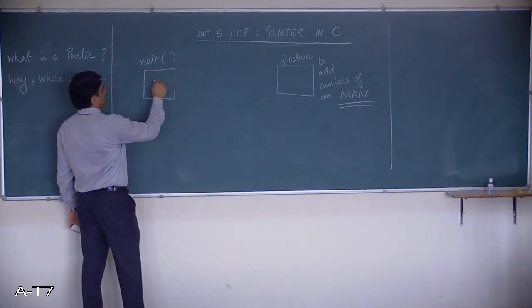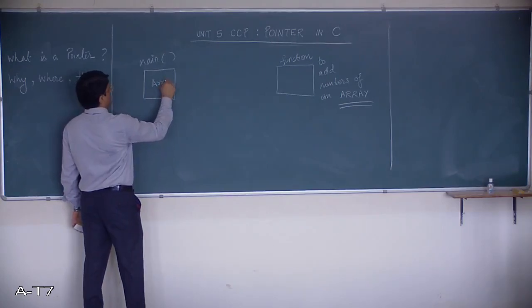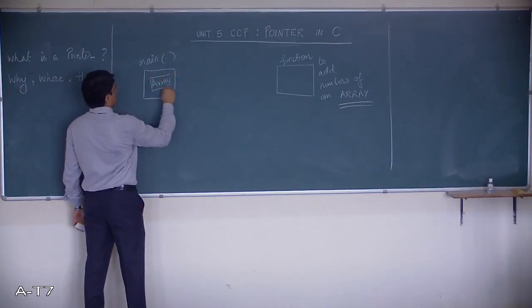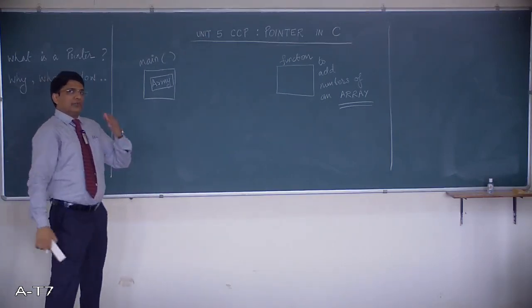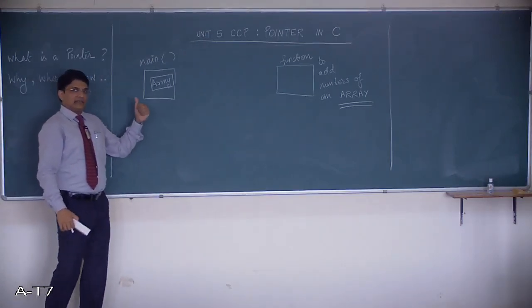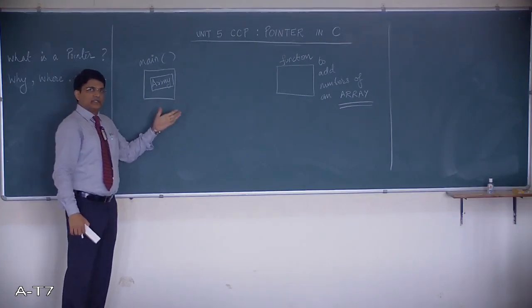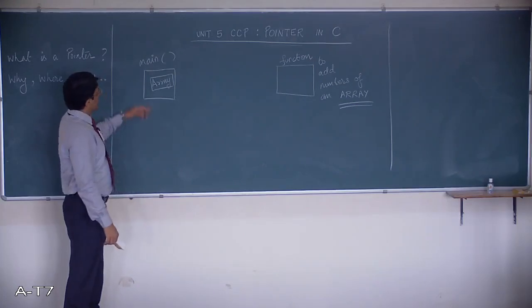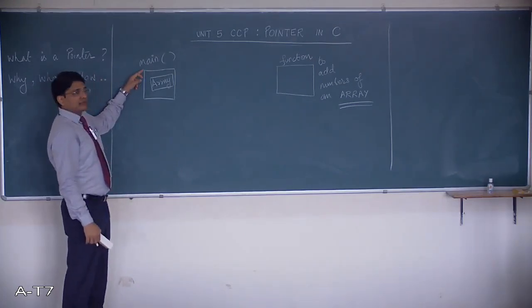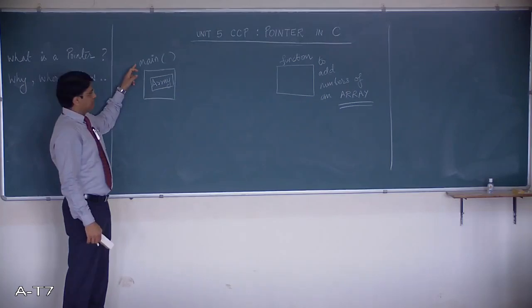And inside the main function, you have an array. So please remember, like in the example that we just finished discussing, the fridge and the service technician, this house is the main function.